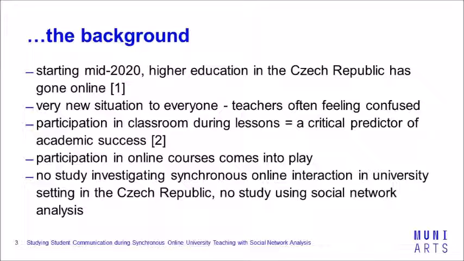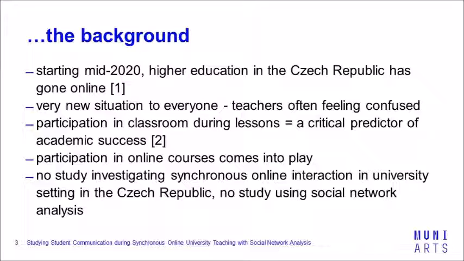Teachers were facing new challenges stemming from online education. Students were facing new challenges stemming from online education. So we have a brand new situation. Nobody was really fully prepared for something like this. So that's an interesting new situation here.